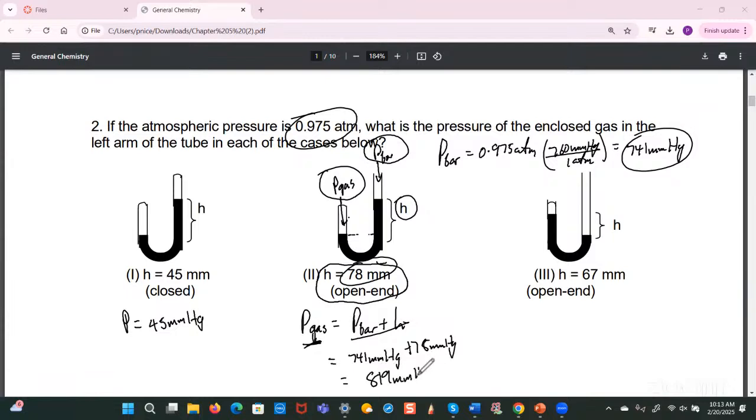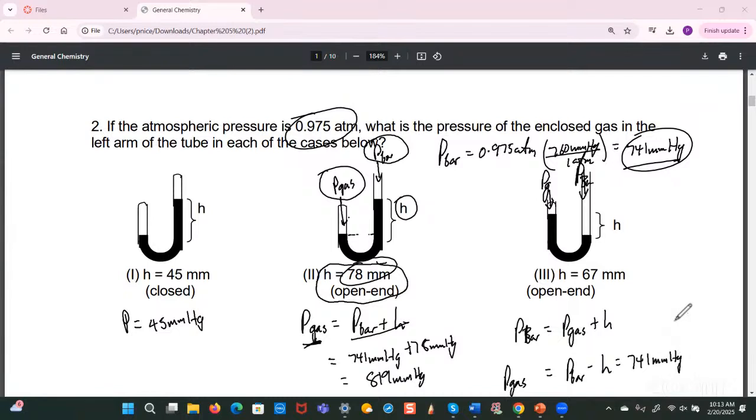The subtraction comes in this case, right? Because in this case, the pressure of the gas here is less than the barometric pressure, P bar, all right? So basically in this case, P bar is equal to P gas plus the height difference. So in this case, P gas would be equal to P bar minus H, I'm sorry. So P bar is the same P bar that we're using from the previous part.